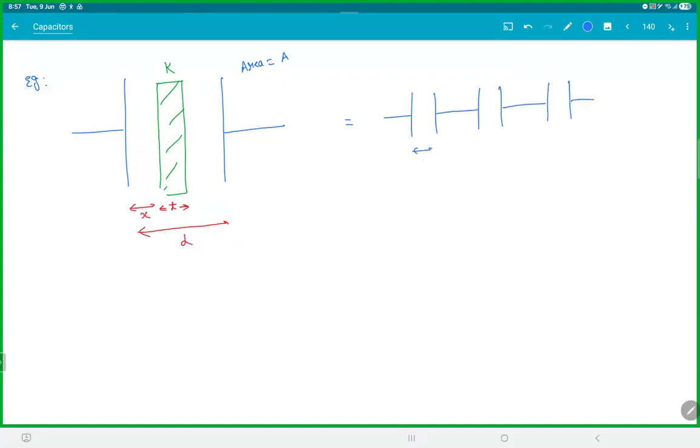This guy has a distance X, this guy has a thickness T, and this guy has a distance of D minus T minus X. This was filled with K. All the three capacitors are in series.